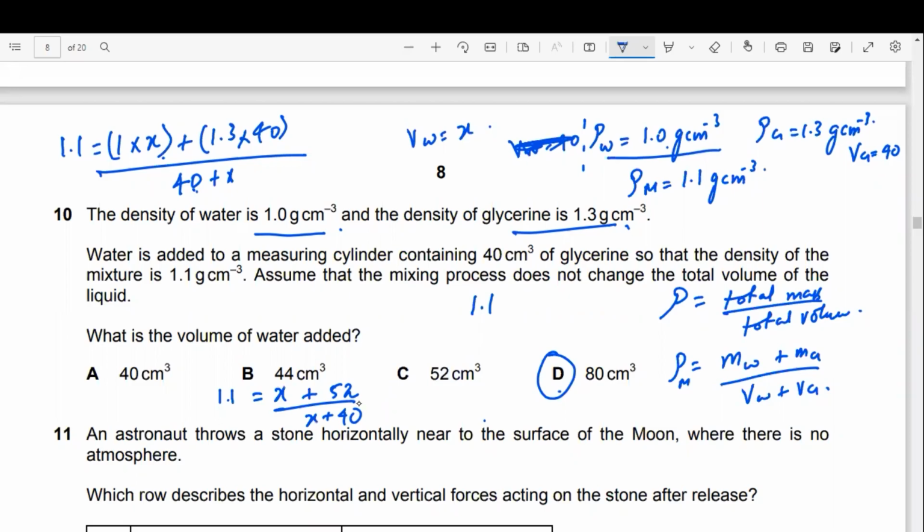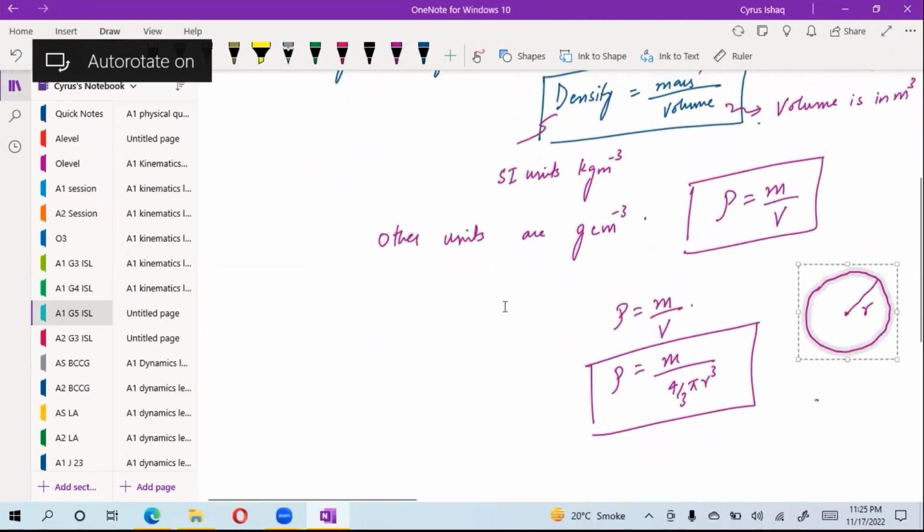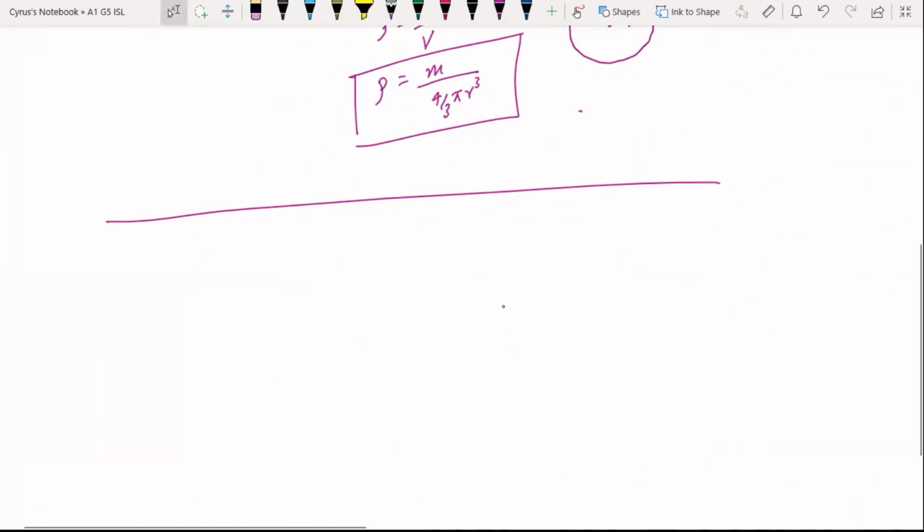ठीक है जी? I'm going to talk about pressure now. So the pressure is defined as force per unit area.